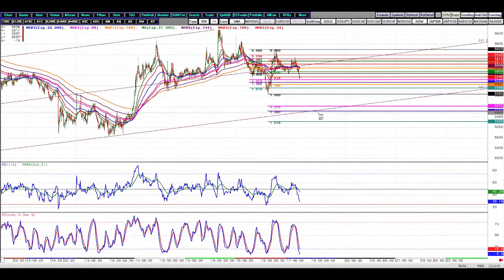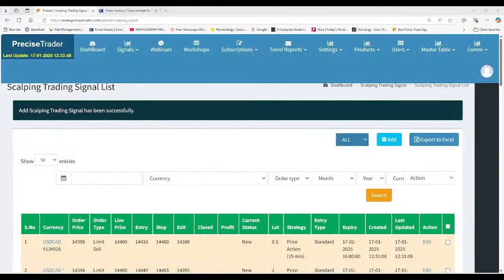So we should be putting our stop below 60, 60 or 55. I think more or less I know what I needed, but there is no strength, so we go for a cautious buy.